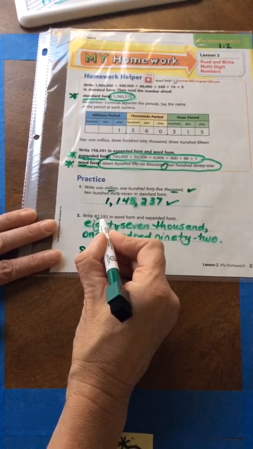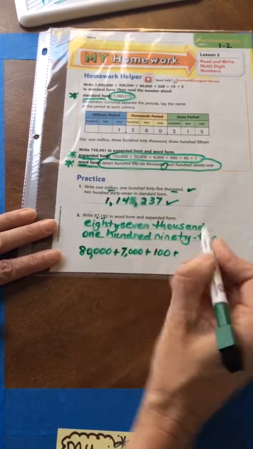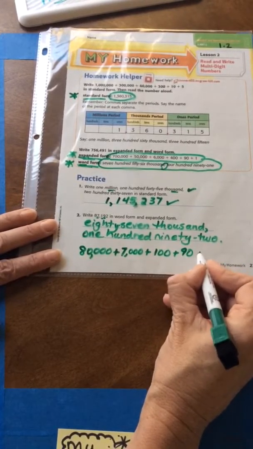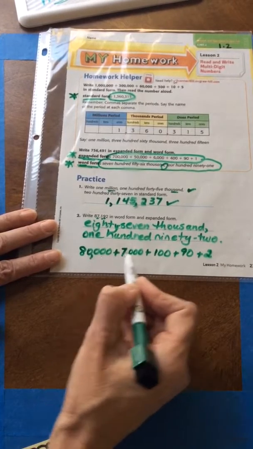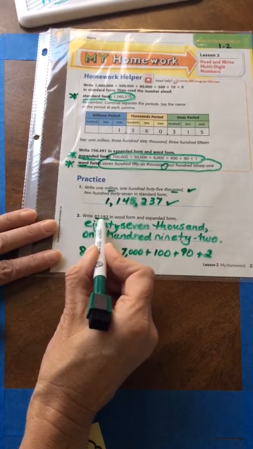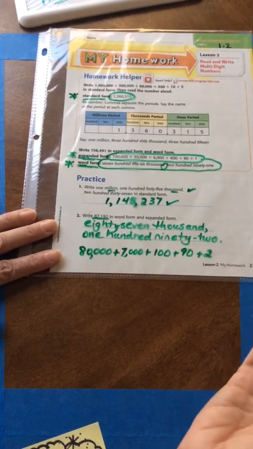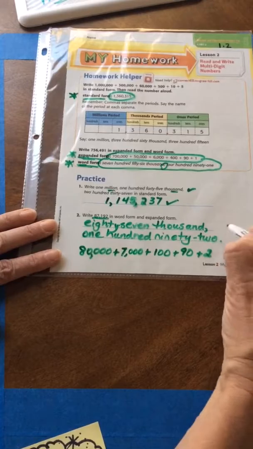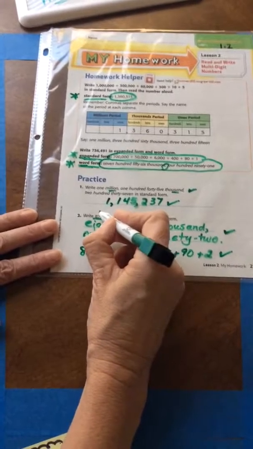Plus, we have then 100 plus 90 plus 2. Just see where that is in the placeholder, where we are in that number, and it will help you. You should have done this in the lower grades. We're just giving you bigger numbers to expand. So this is word form, expanded form, and this is standard form.